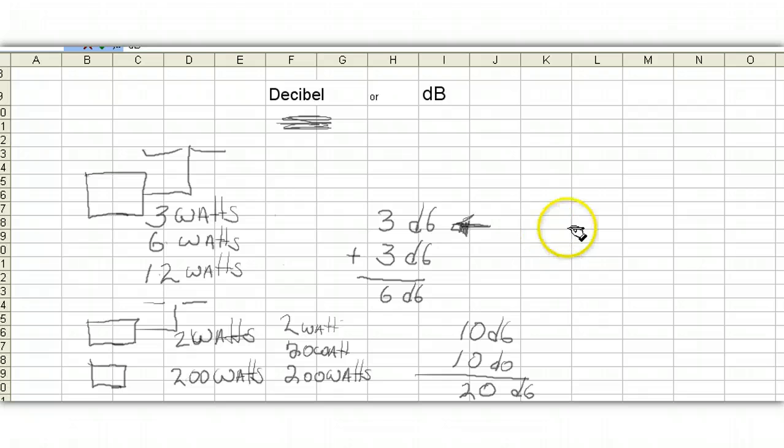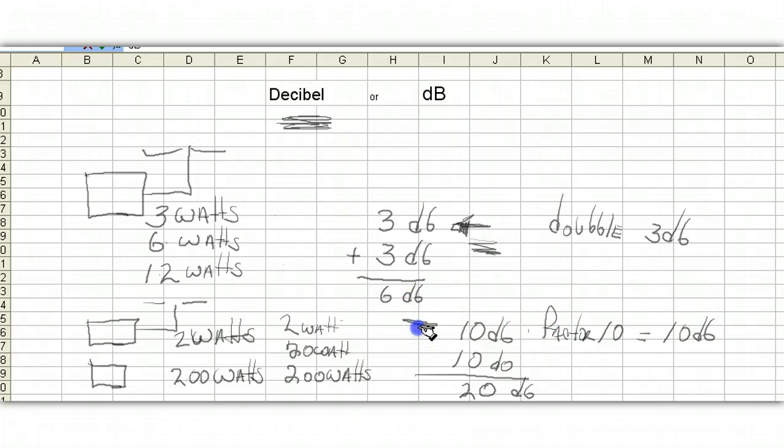So let's review the tricks. If you double the quantity, you have made an increase or a change of 3 dB. So that's trick number 1. If you increase it by a factor of 10, you make a 10 dB change.